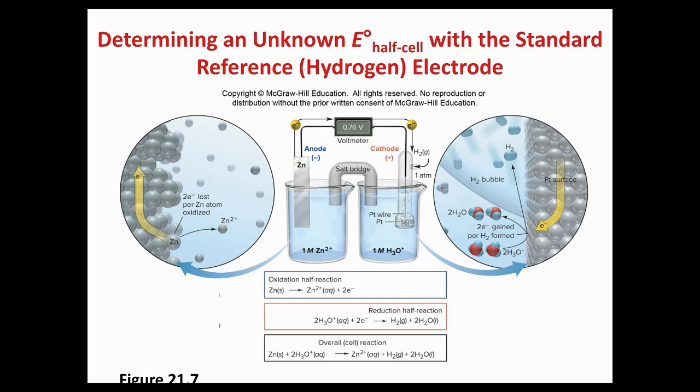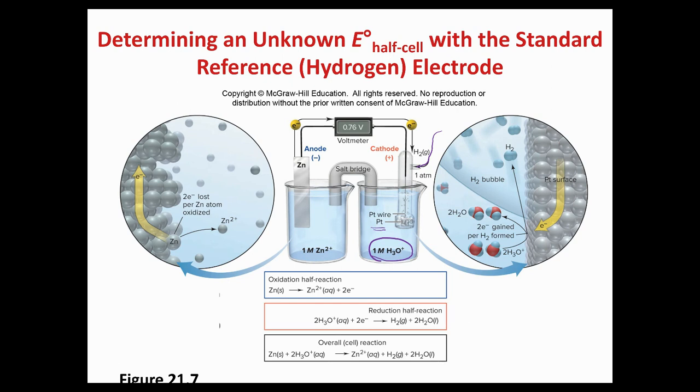So here's a nice, beautiful graphic regarding the SHE, the standard hydrogen electrode. Okay, let's look over on this side. Here's the platinum wire. It has H plus, right, acid. It has within it, it didn't show, but put into this, gas is pumped into it at 1 atmosphere.